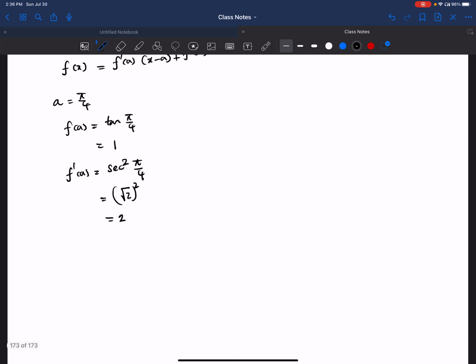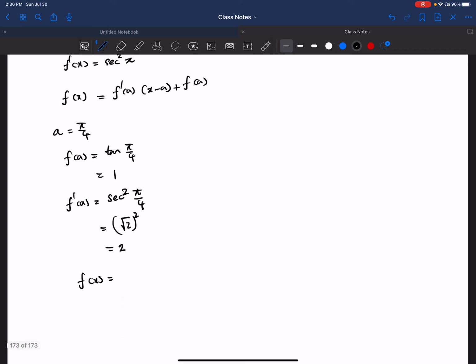Now we can approximate linearized function f of x. f of a is 1, plus 2 times x minus 1.